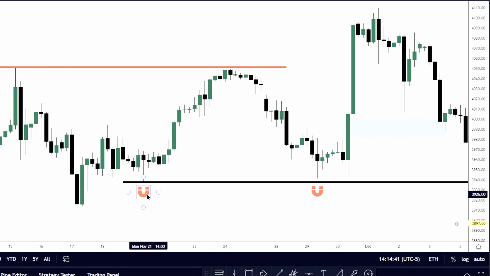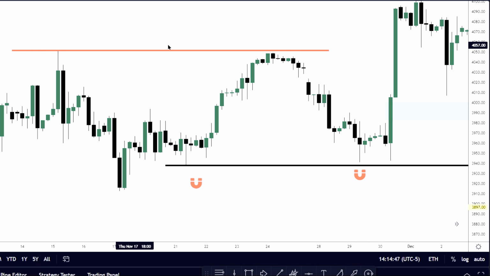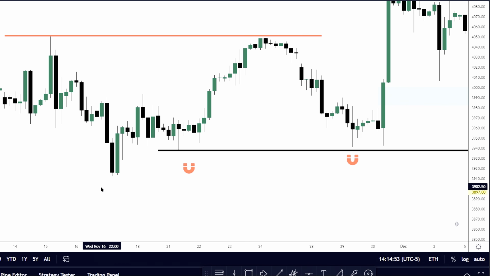It needs to be filled, yes, but these equal lows and these equal highs, these are liquidity itself. Thousands and thousands of orders. And what's the algorithm's job?